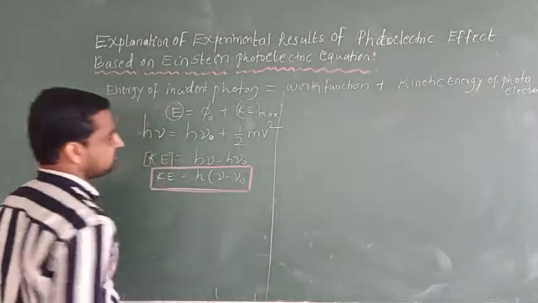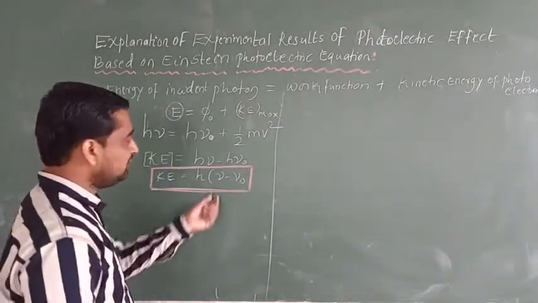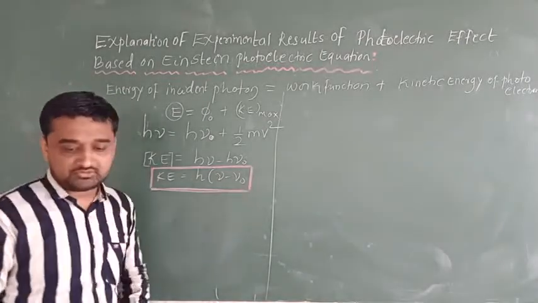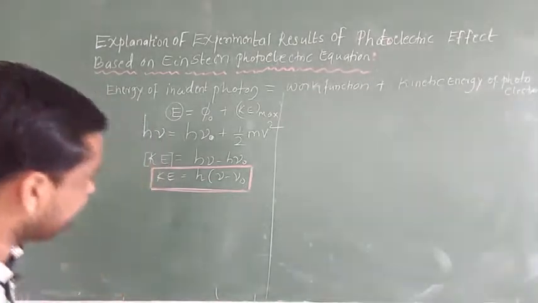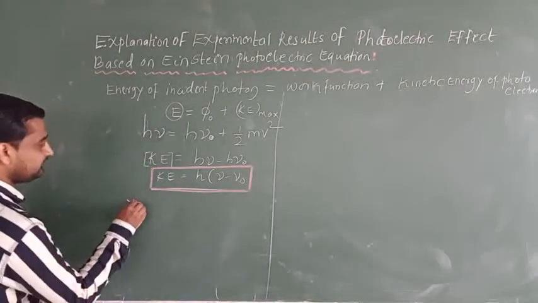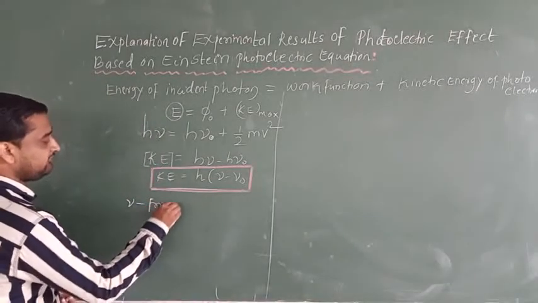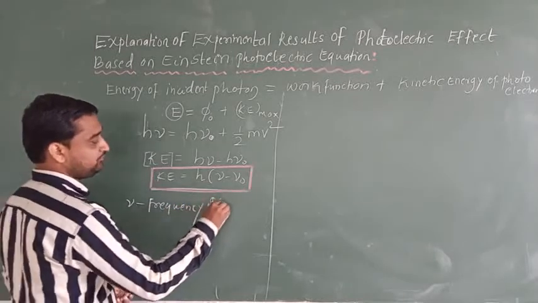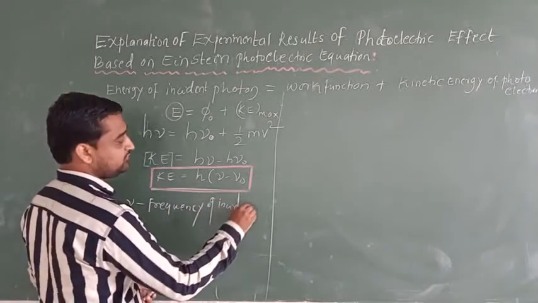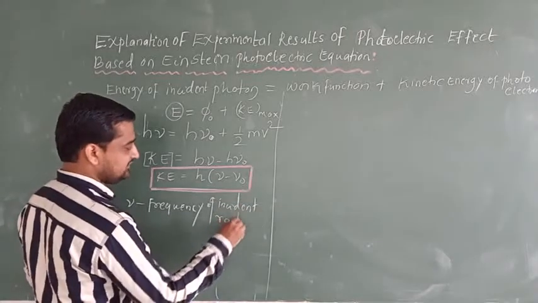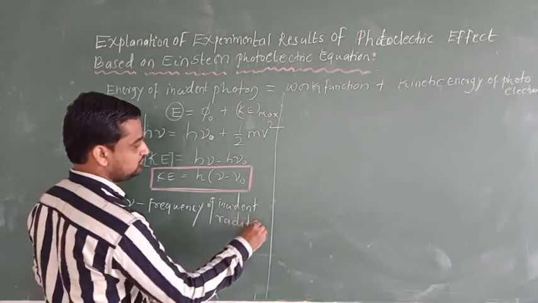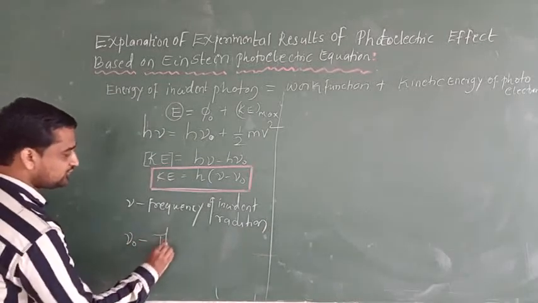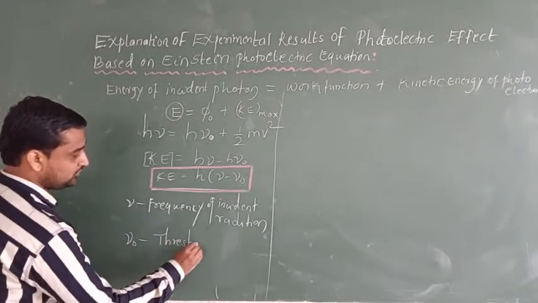It is h into nu minus nu naught, where nu is the frequency of incident radiation and nu naught is the threshold frequency.